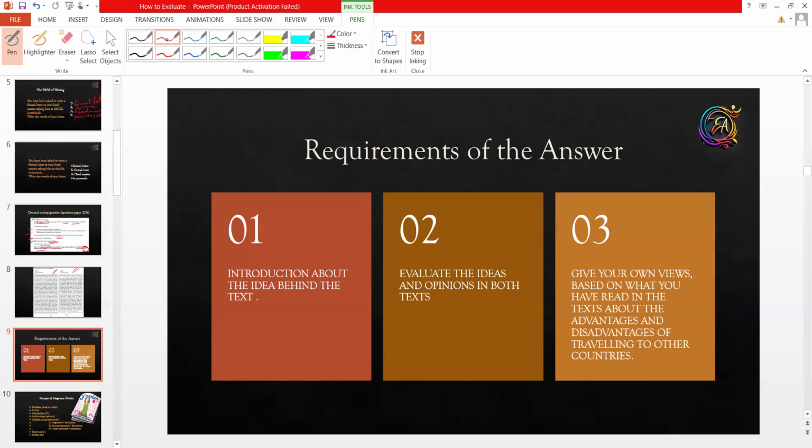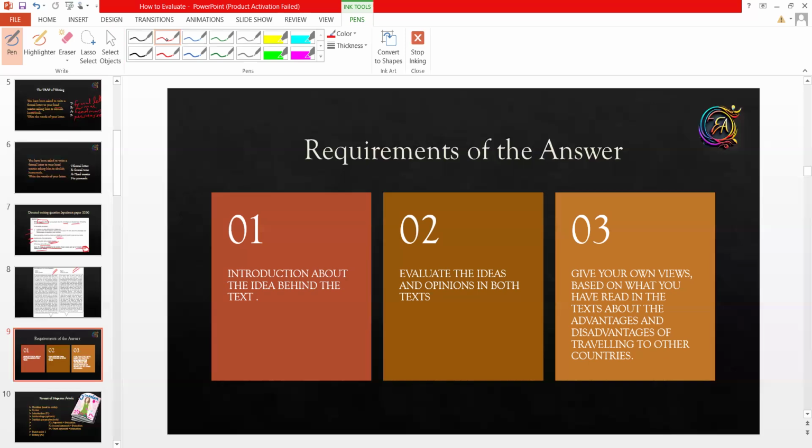Now evaluate the ideas and opinions in both texts. I'll tell you how you are going to evaluate. Give your own views based on what you have read in the text about the advantages and disadvantages of traveling to other countries. In the first thing, you have to give the idea. So before giving the idea, you must know what is there.